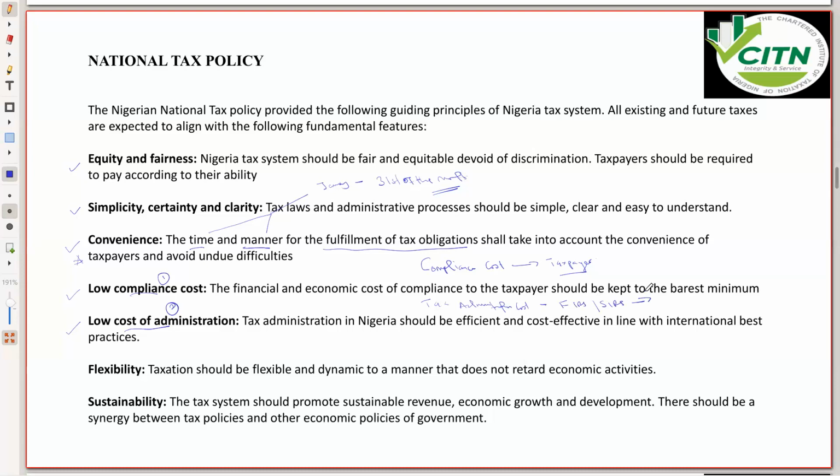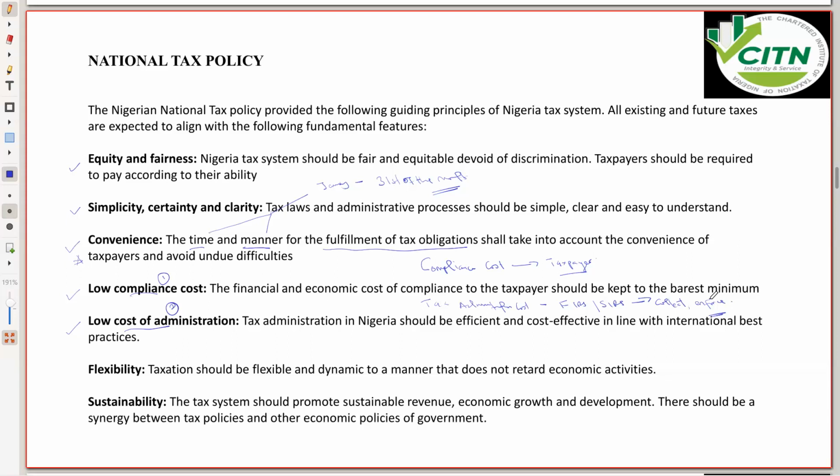What will it cost them to ensure they collect what is due to the government? And what will it cost them to enforce the provisions of the law to ensure that whatever is due to the government is actually collected? It's important that you understand the difference between these concepts.